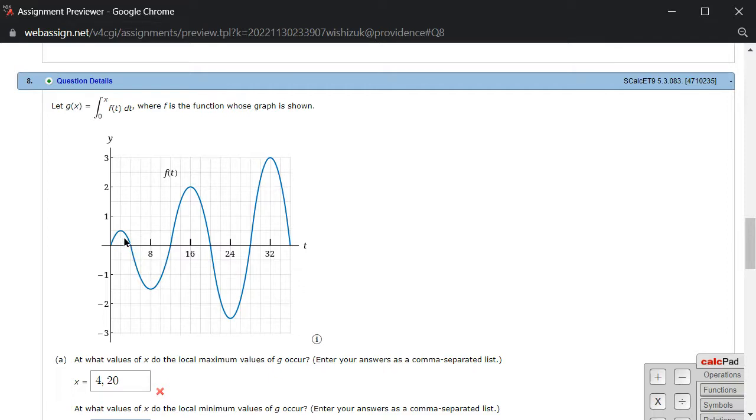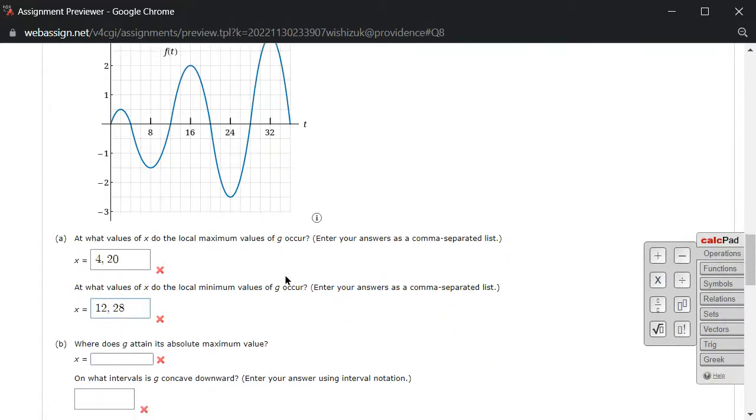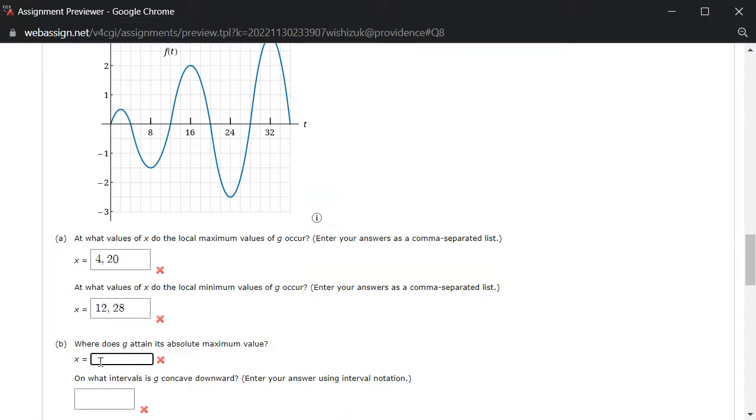Since this is a larger region, and then you added an even bigger region, that's going to be a little bit positive. Then here you subtract an even larger region, but you're adding the biggest region here. So the biggest value would be right here, including all of it, so it's going to end at 36. So x is going to be 36.